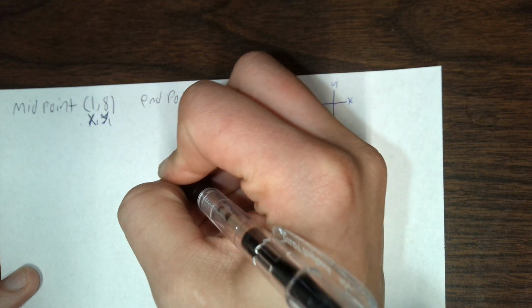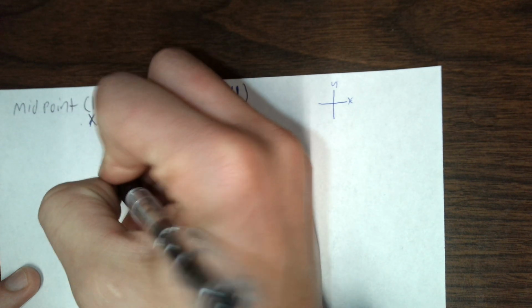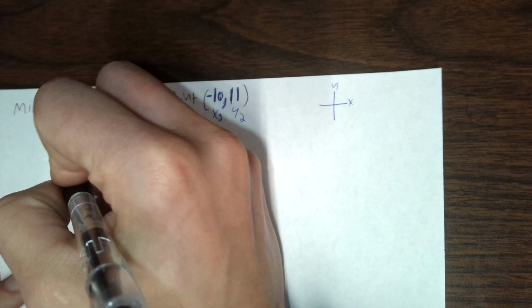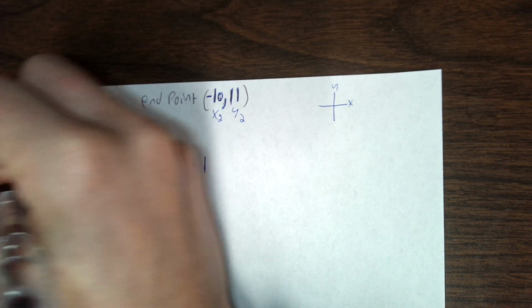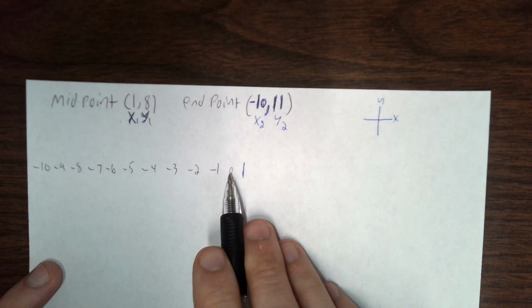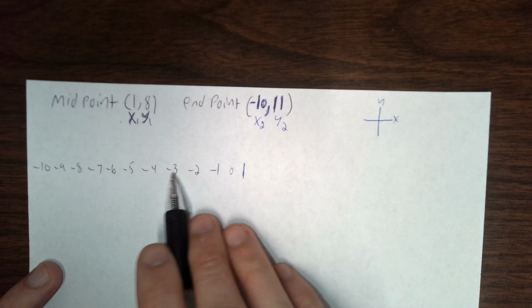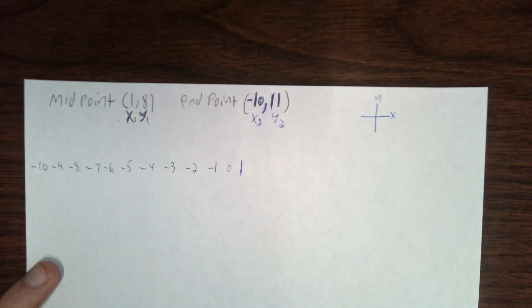So we have 0, negative 1, negative 2, negative 3, negative 4, negative 5, negative 6, negative 7, negative 8, negative 9, negative 10. That is 1, 2, 3, 4, 5, 6, 7, 8, 9, 10, 11 numbers.